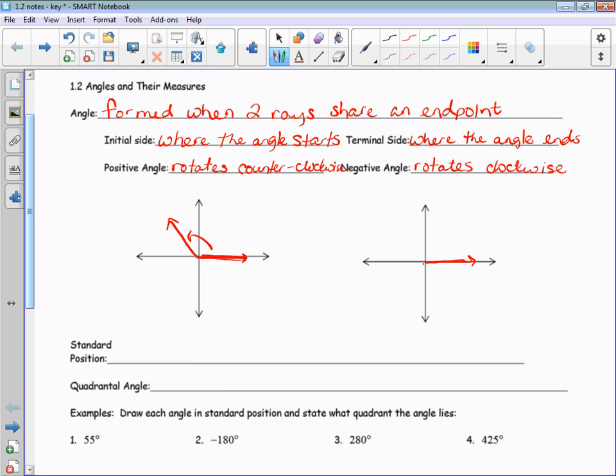Let's say my terminal side ends up down here in the third quadrant, and I rotated that way. So it has nothing to do with where the angle ends, like where the terminal side is. It's all dependent upon the rotation, clockwise, counterclockwise.